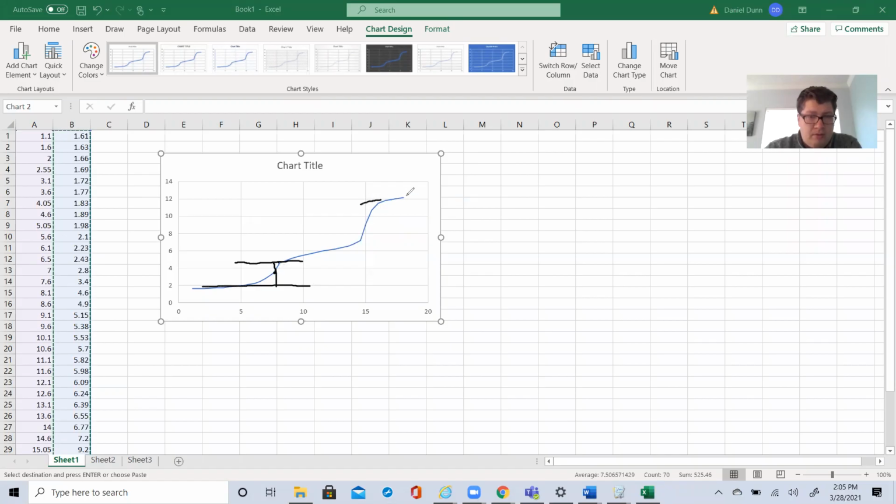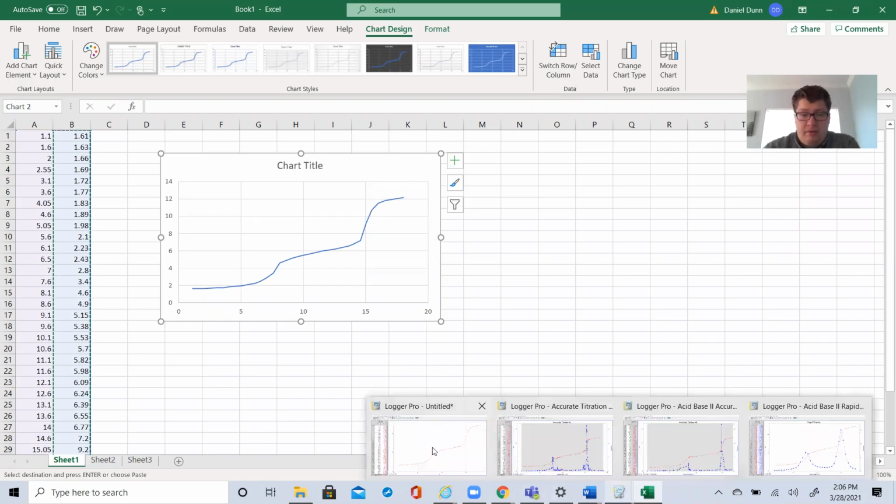Same thing over here, and then you draw a line. Equivalence point would be right around here or so. That's how you do the graphical method. And then you just look at the point right there. That would be the equivalence point.